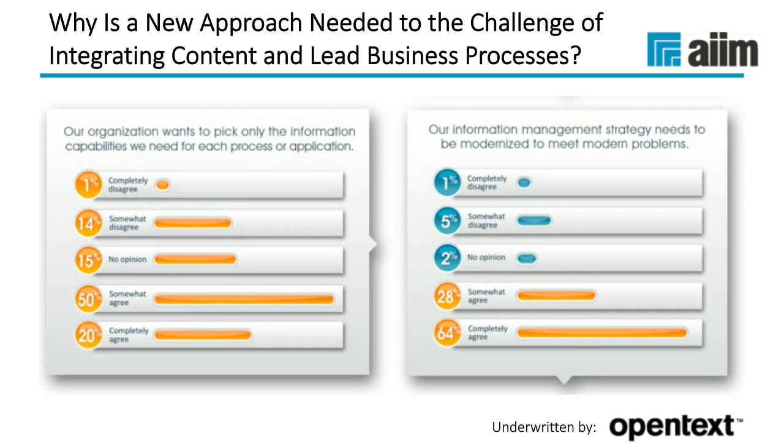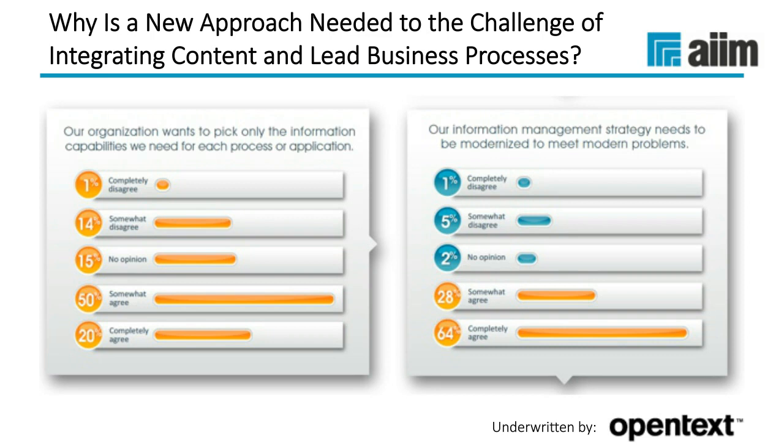So the first one on the left, basically was an agree-disagree question we asked, which is that, our organization wants to pick only the information capabilities that we need for each process or application. And that's really important because that's a different way of looking at content management than the monolithic way that we traditionally looked at ECM.